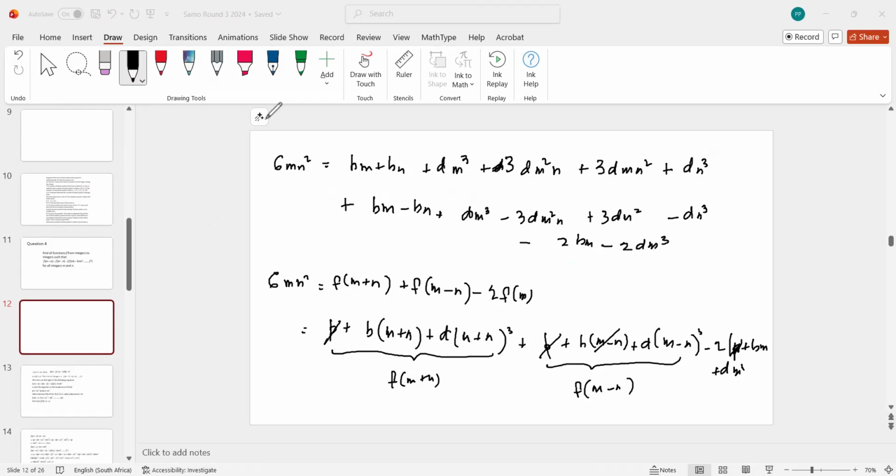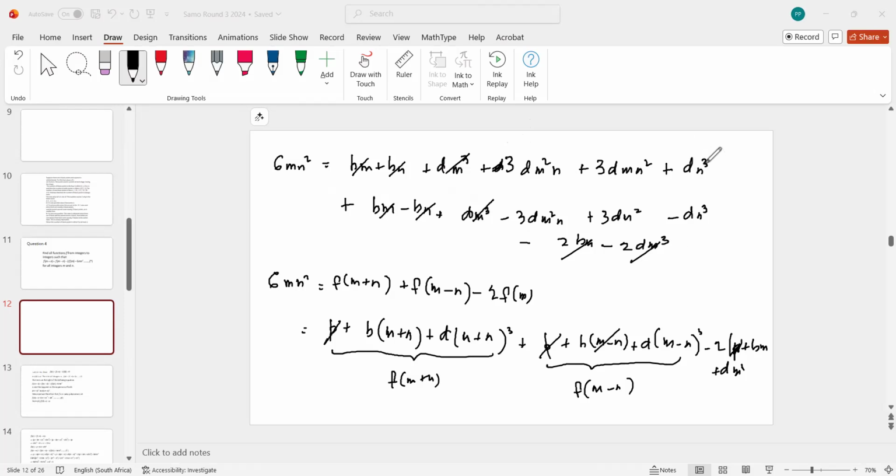So you just have to keep going doggedly. So you got bm plus bm is 2bm. 2bm goes away with that. All right. So you got bn minus bn. That goes away. dm cubed plus dm cubed is 2dm cubed. And that goes away with that.